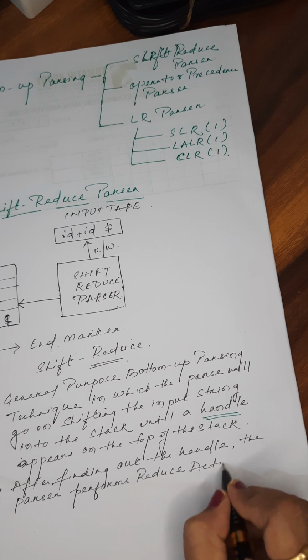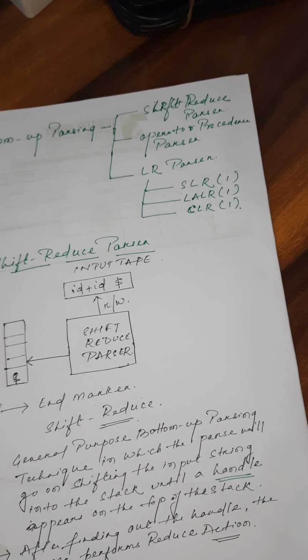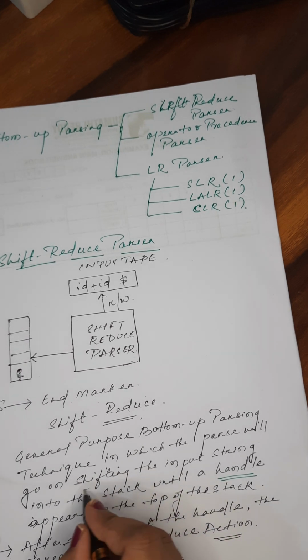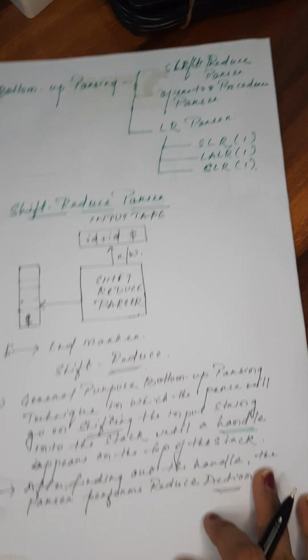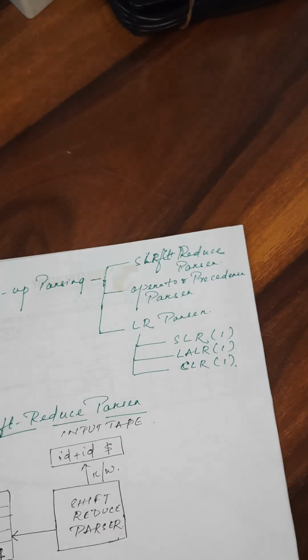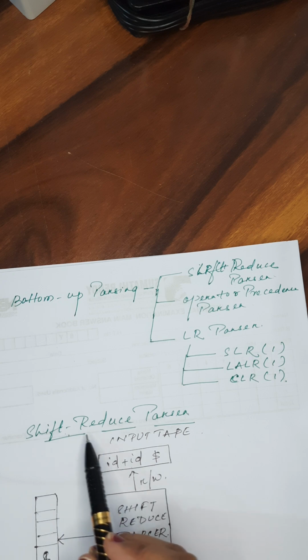How to perform the reduce action, I have already explained in the previous lecture on handles. So now see, in this step it will perform your shift operation. Here it will perform your reduce operation. So what is the name of the parser? Shift reduce parser. That means two types of actions will be performed.